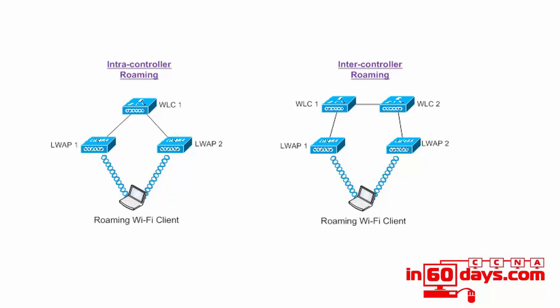On the right it's connected to whichever the closest lightweight access point is, which then connects to the wireless controller. So you've got intra roaming, which is on the left, and then inter roaming, which is on the right there.